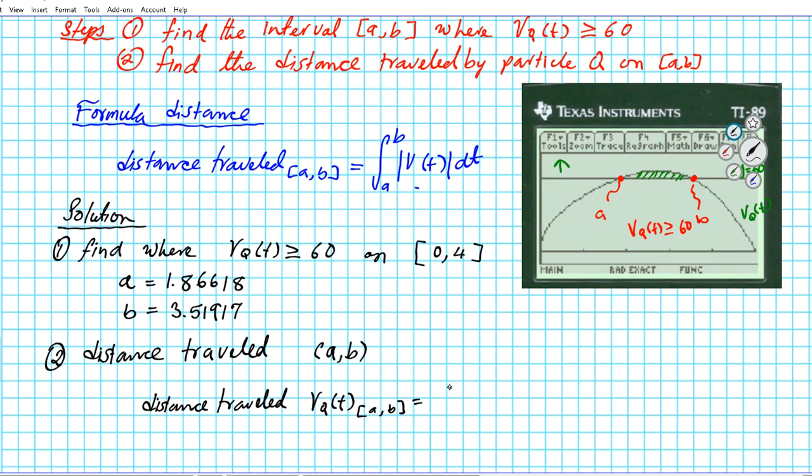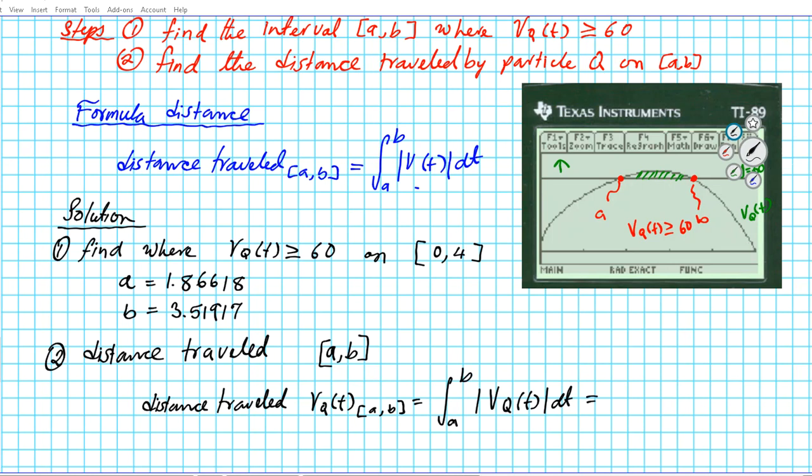It's going to be the integral from A to B. You see, you already have A and B there, so you know what we're doing. So I'm going to be putting those values into my integral expression. Okay, so from A to B, it's going to be the integral from A to B of the absolute value of V sub Q of t dt. Okay. Alright, so let's go ahead and do that with a calculator.